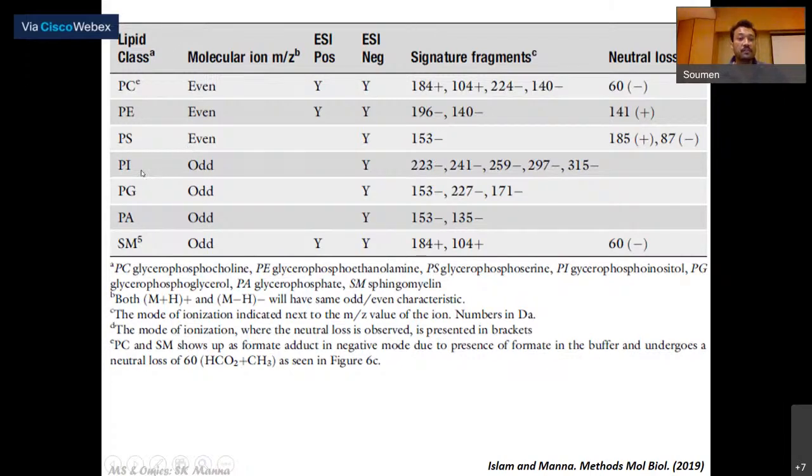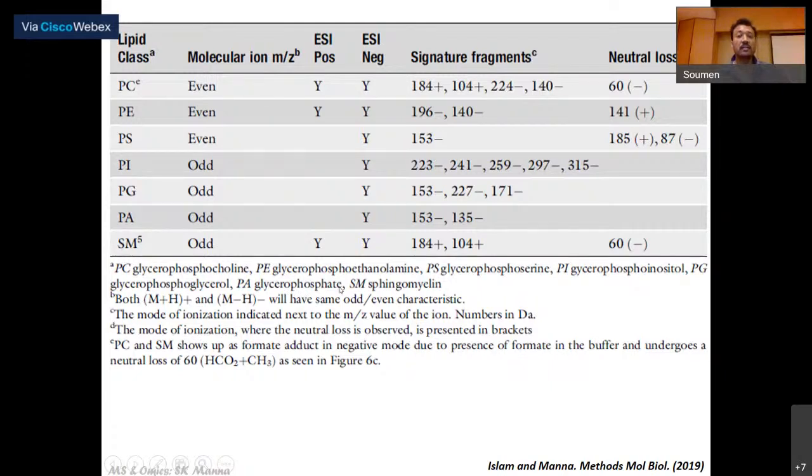If it is odd, then it is either PI, PG, PA, or SM. Again, the exact names of these classes are given here. For example, PI is glycerophosphoinositol, PG is glycerophosphoglycerol, SM is sphingomyelin, and PA is glycerophosphate or phosphatidic acid, and then that we have discussed.